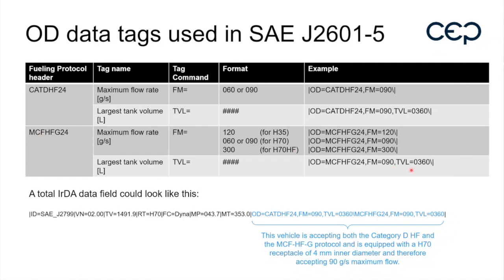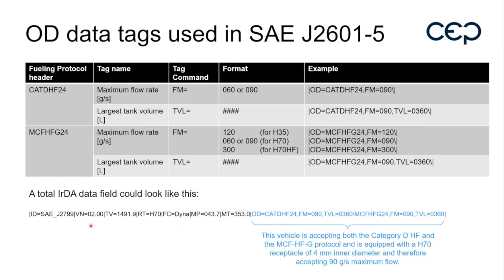If they are not communicated or are incorrectly communicated, like FM 500 or something like that, then there will be fallback situations. So it is still possible to fuel, but the fallback will always result in quite slow fueling, also with low SOC most probably, but for sure slow fueling. Here is an example which I wrote down.